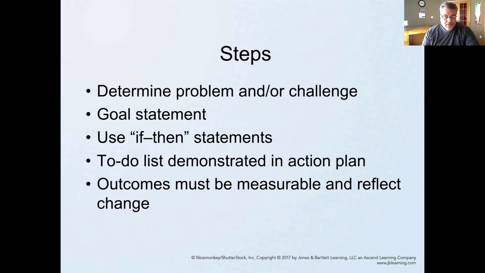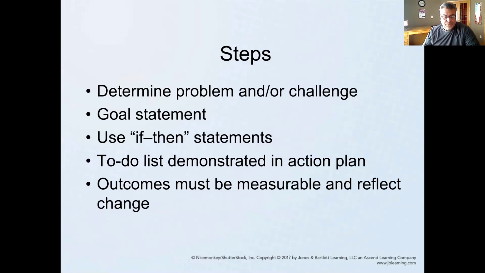As for steps, usually when you design a research project or engage in it using translational research, you always start with the problem. What is the problem and/or the challenge? And then you come up with a goal statement, use if-then statements and to-do lists, which constitute your action plan.